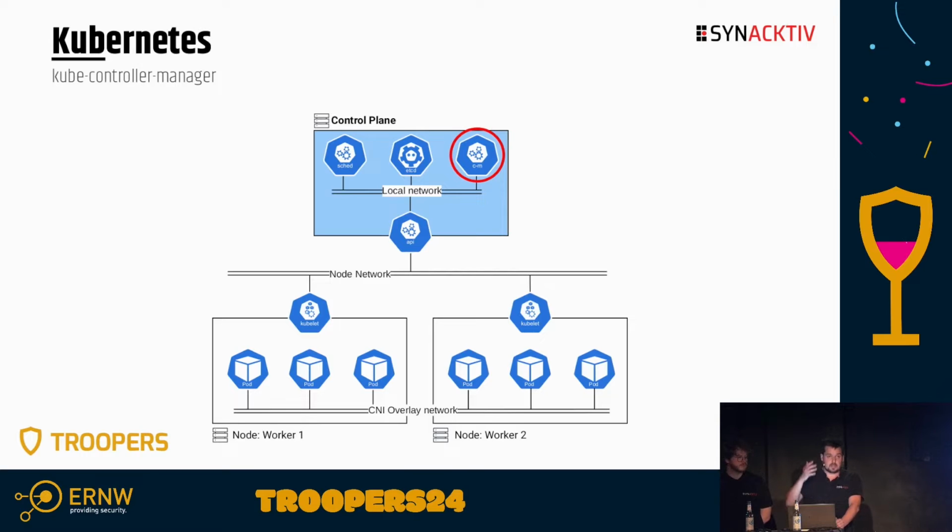As you will see later, certificates are a huge part of authentication and authorization in Kubernetes. And then I will present the kube API server, which is a really important component in the control plane, because this component exposes the Kubernetes API. Now, I will let Paul talk about authentication and authorization in Kubernetes.